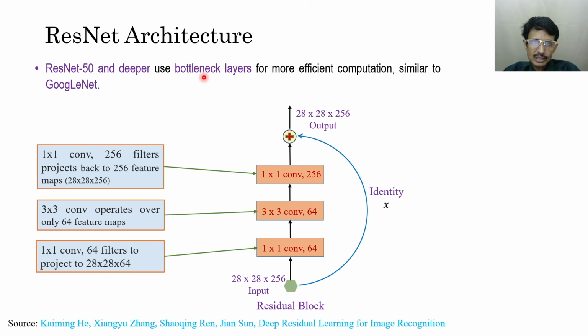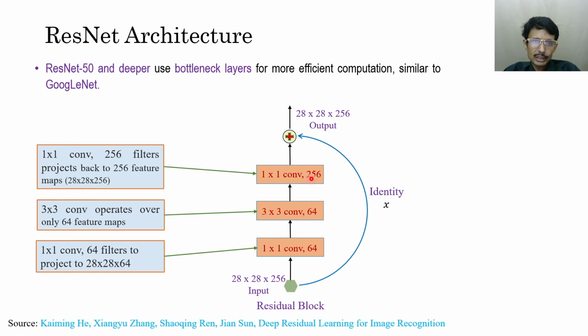We have just said how this bottleneck layer is used, because these 1x1 connections manage the dimensions, so the 3x3s become very computationally efficient.